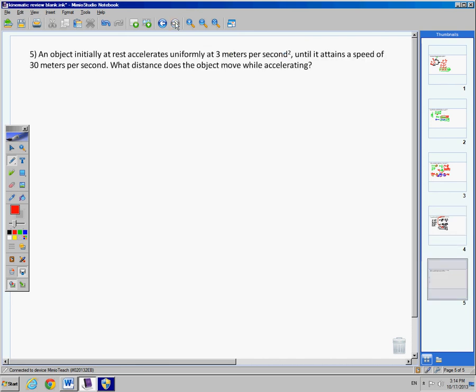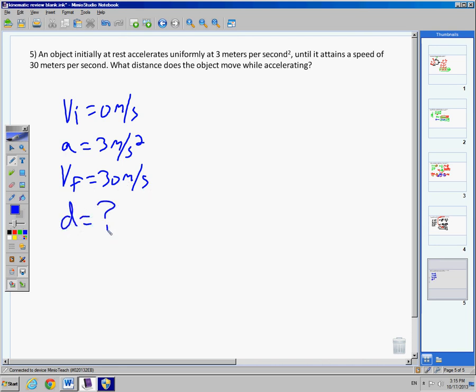And lastly, number 5, we're flying through this, beautiful here. An object initially at rest, VI equals 0 meters per second, accelerates uniformly at 3 meters per second squared until it attains a speed of VF equals 30 meters per second. What distance does the object move while accelerating? D equals unknown.